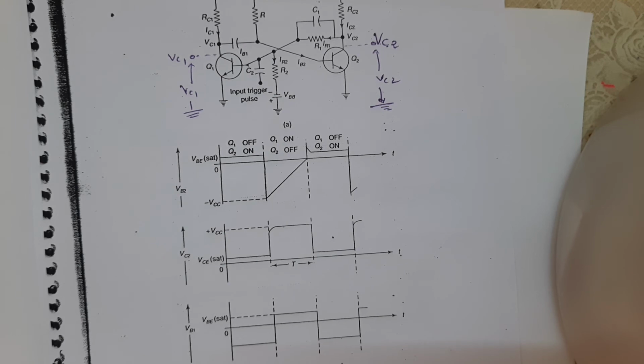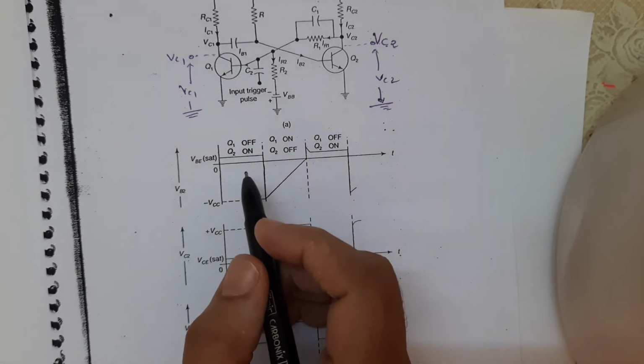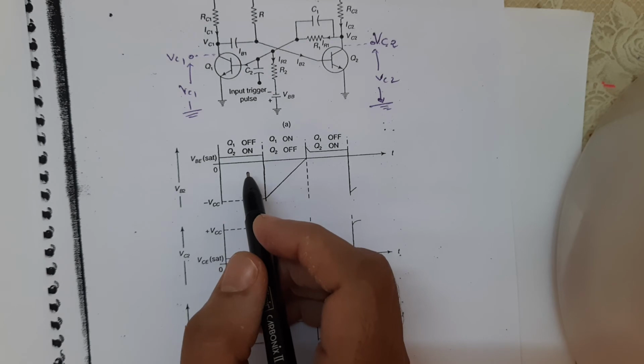I repeat, when VB2 crosses the cut-in voltage, Q2 starts conducting and VC2 falls to VCE saturation. Also VB1 falls due to capacitive coupling between the collector of Q2 and the base of Q1, thereby driving Q1 into off state.